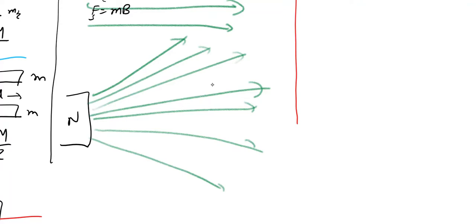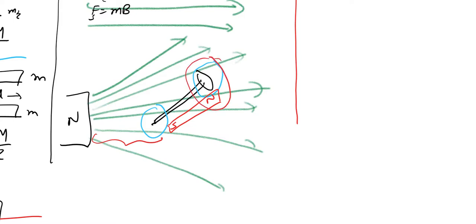The domains of any ferromagnetic substance will start being aligned, and then the field experienced here and the field experienced here will not be the same. This needle will temporarily behave like a magnet, with north pole here and south pole here. This nail or needle or any iron piece, whichever it may be, will become a magnet with its south pole close to the north pole of the external magnet, and the north pole of the induced magnet is away, and hence force on this part will be more as compared to force on the other end.